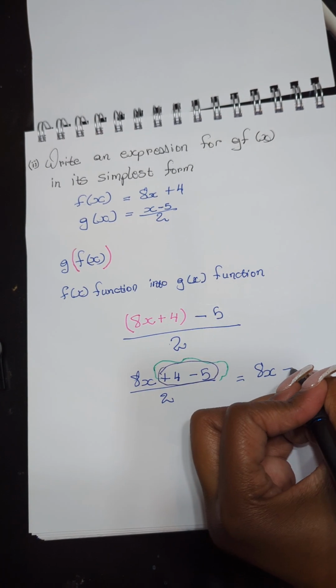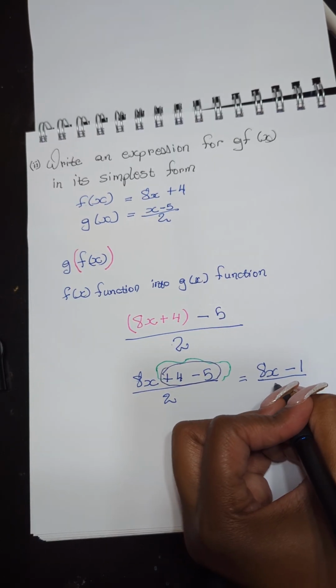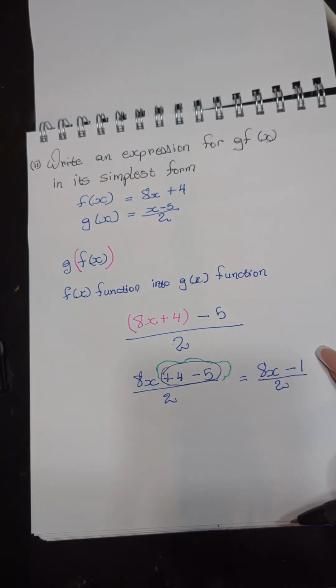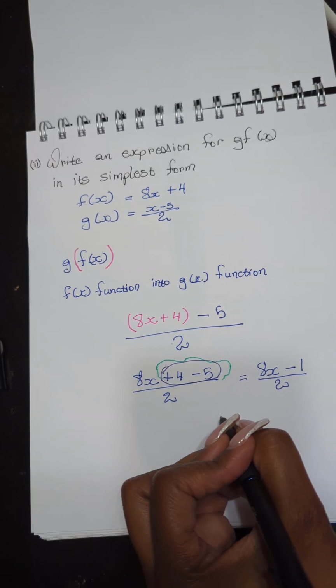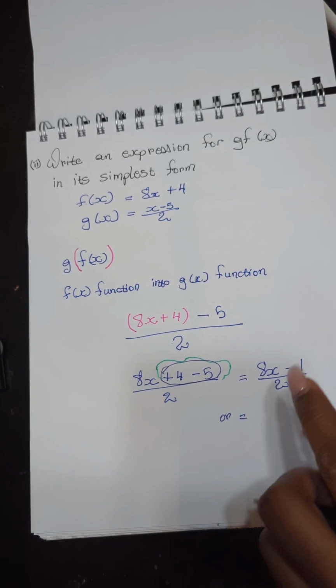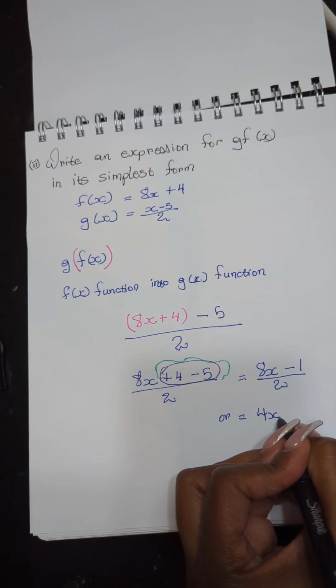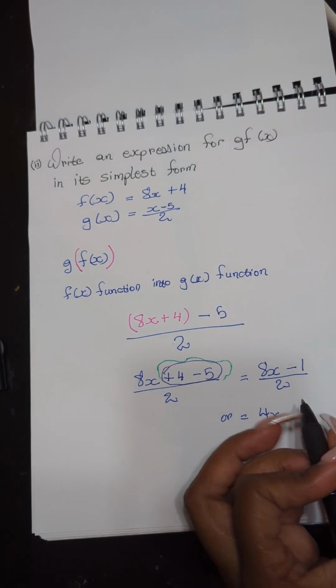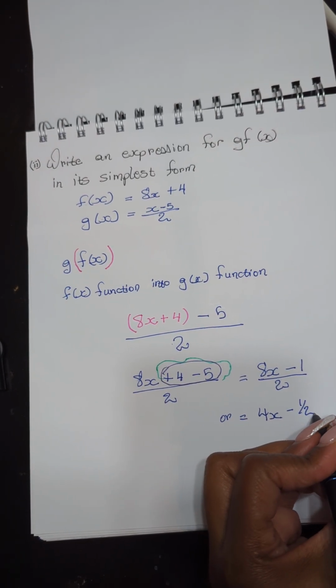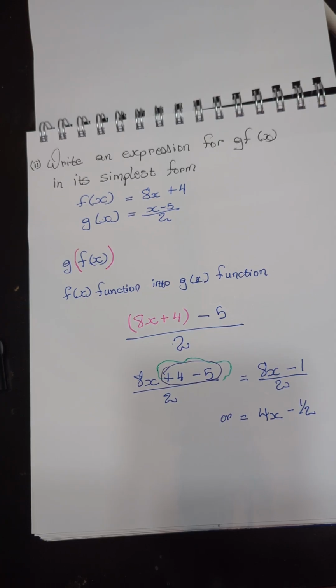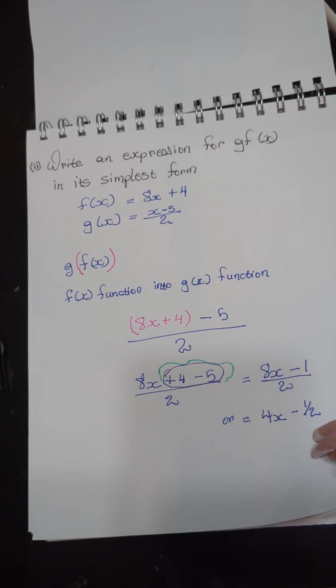That means you're going to owe $1 all over 2. We can leave it like this, or we can even simplify it further, right? And divide 2 into each of these. So 8x divided by 2 is 4x. But here, we're going to have minus 1/2. So either of these are acceptable.